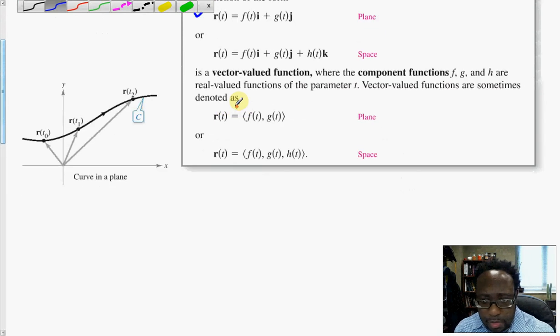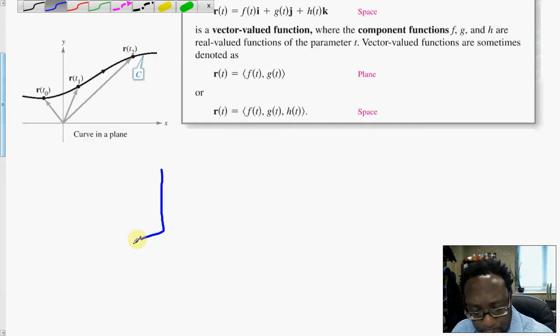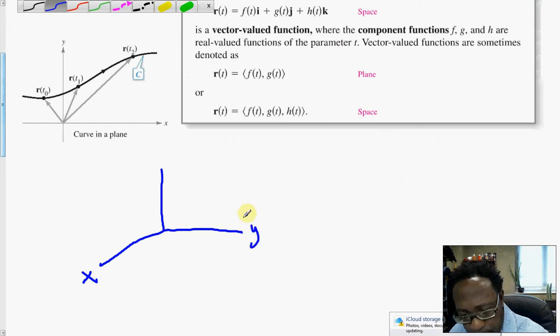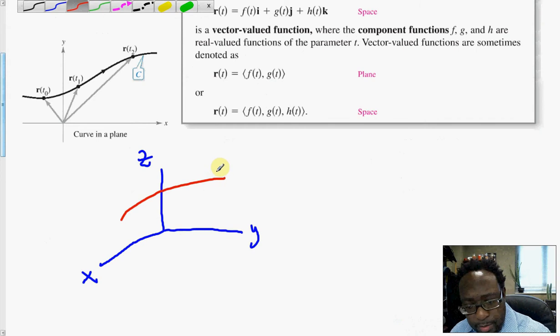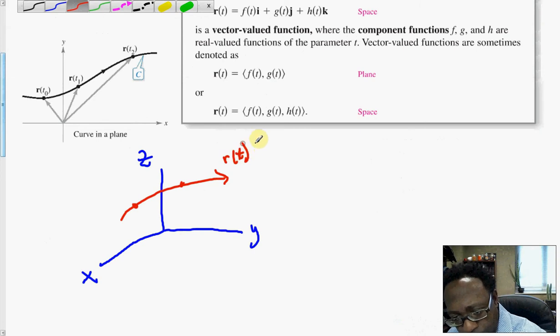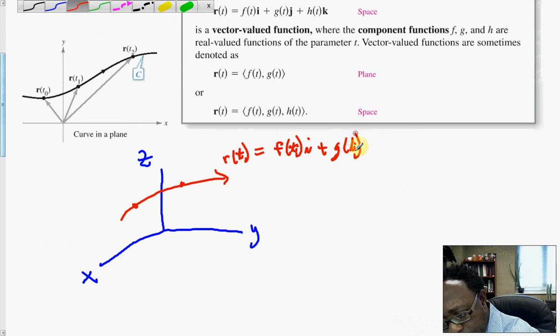And so if you're in the space, it's possible to have some vector r of t, which looks like f of t i plus g of t j plus h of t k.